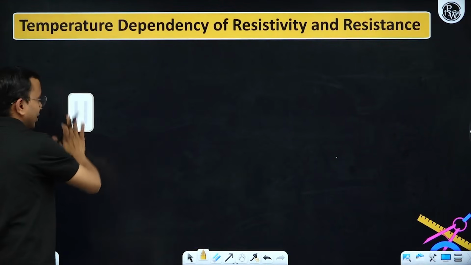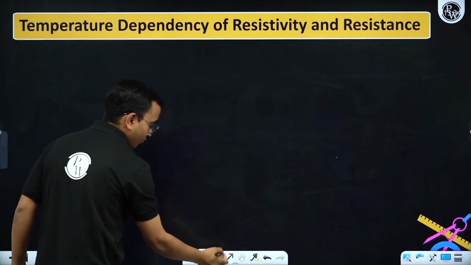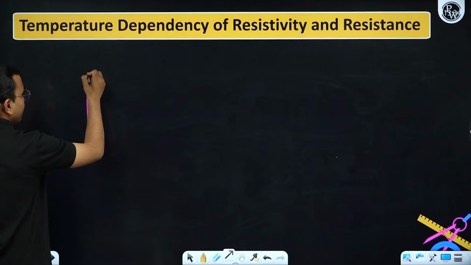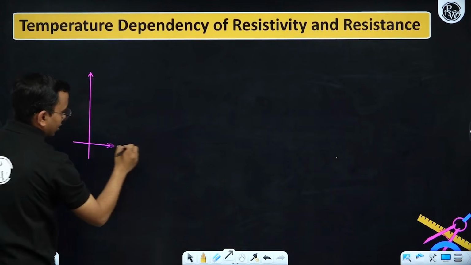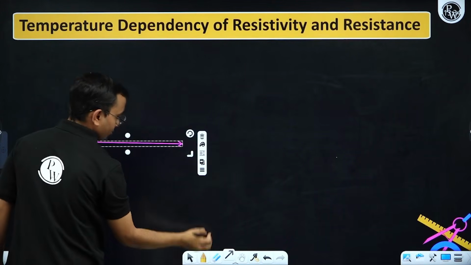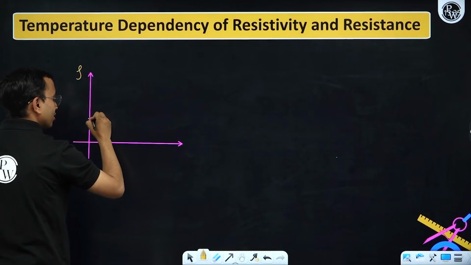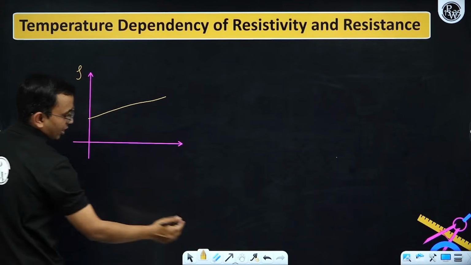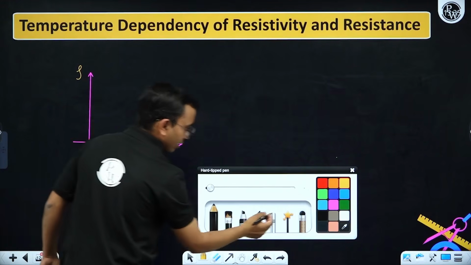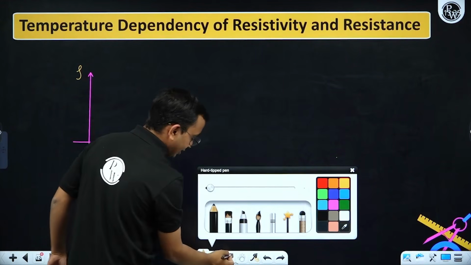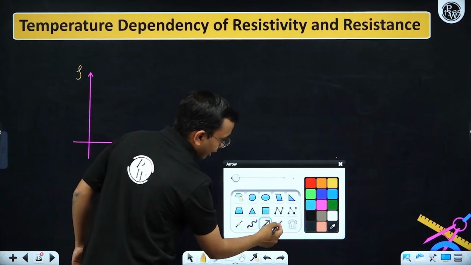So if for conductors I talk about how it varies with temperature, it varies like this. The slope is not that great here, so let me take a straight line.